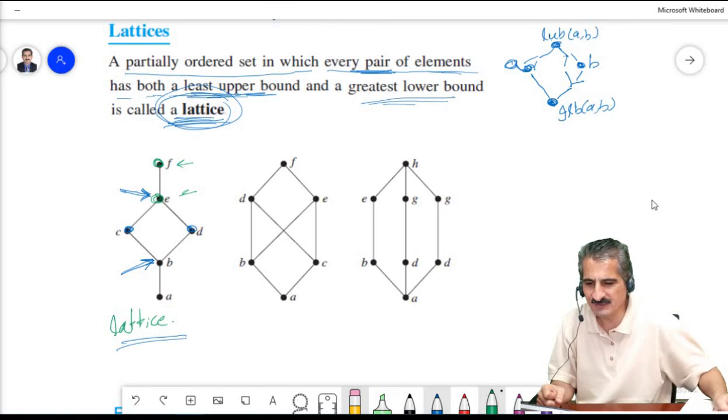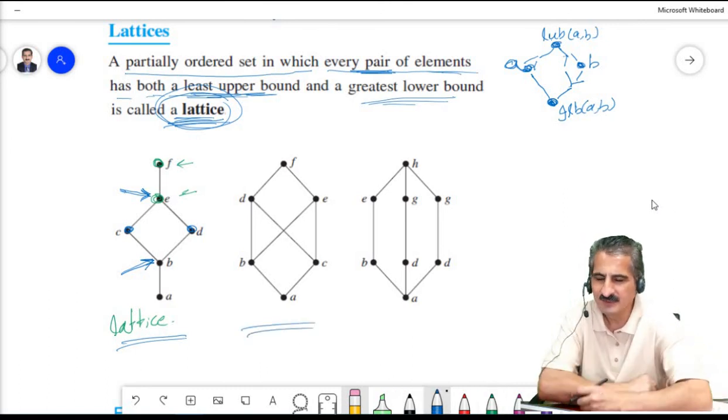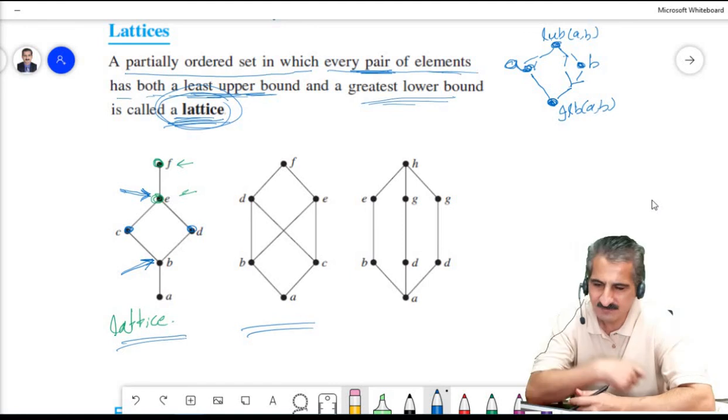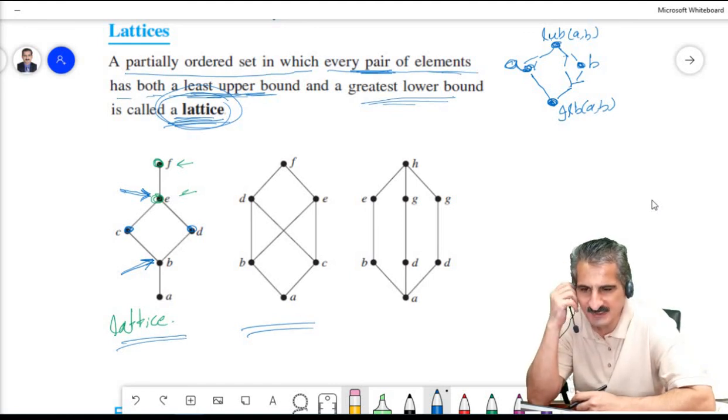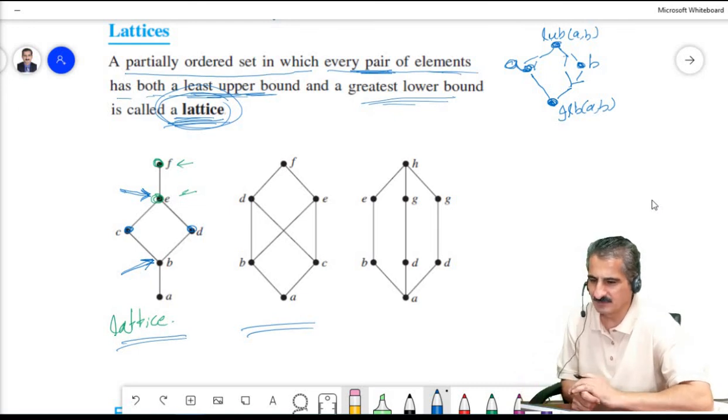Now let's go to the second diagram. Can we find a pair of elements that do not have a least upper bound or greatest lower bound? If this is not a lattice, then that means there is a pair of elements that does not have a least upper bound or greatest lower bound.